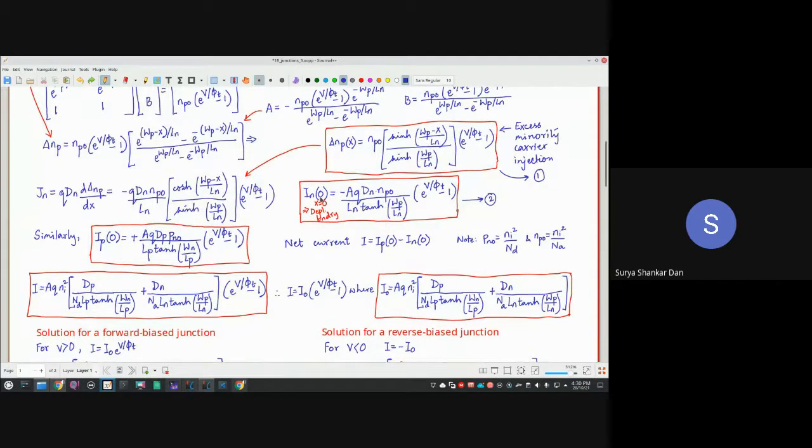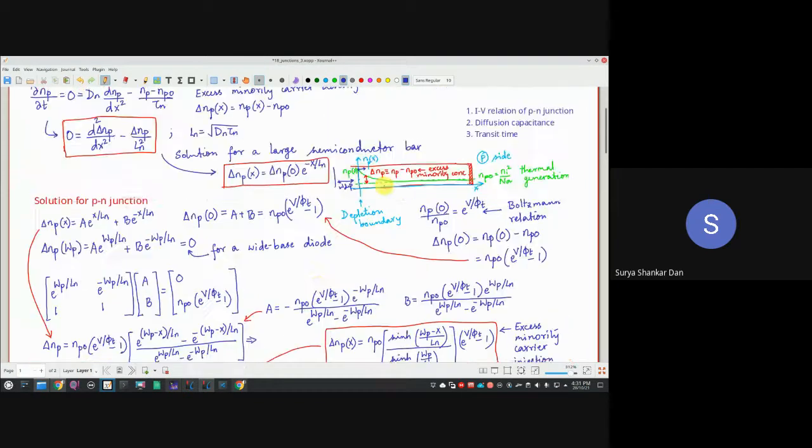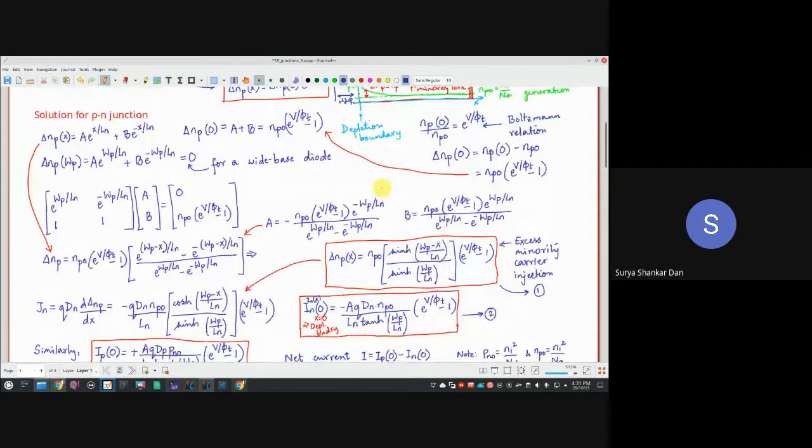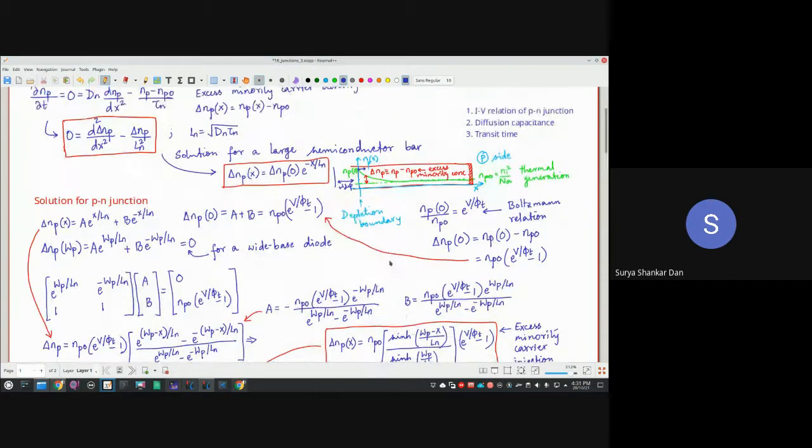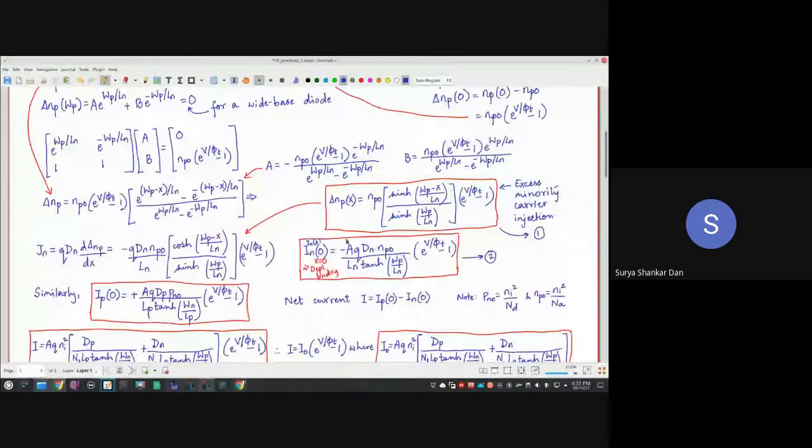ठीक है, तो अगर हमें I_n(x) निकालना है, suppose I want to find out the I_n(x) value, or whatever x, some value away from the depletion boundary, what is going to happen? It is going to be the sum of this part, whatever we have done, plus the drift, which we have to again calculate.